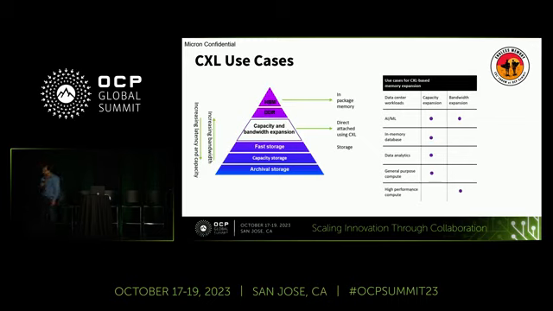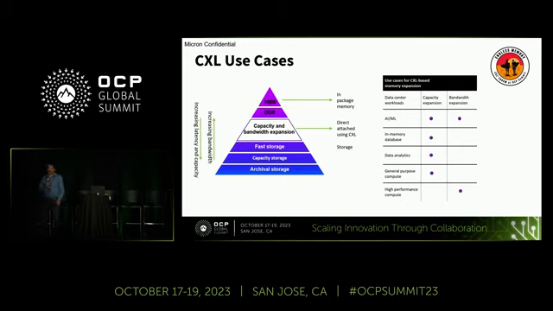Inference, earlier it used to be mostly bandwidth, but with large language models and with DLRM, we are seeing the value of capacity expansion as well. So overall, AI ML benefits from both capacity expansion and the bandwidth that CXL offers.